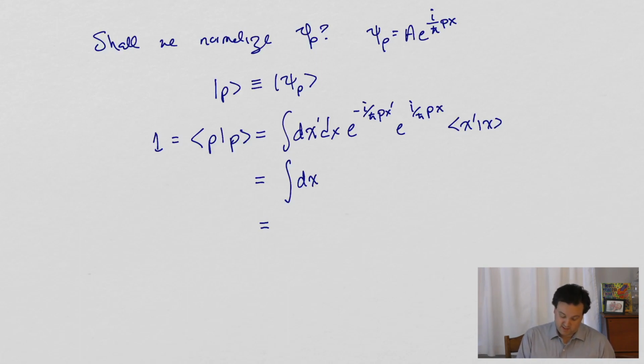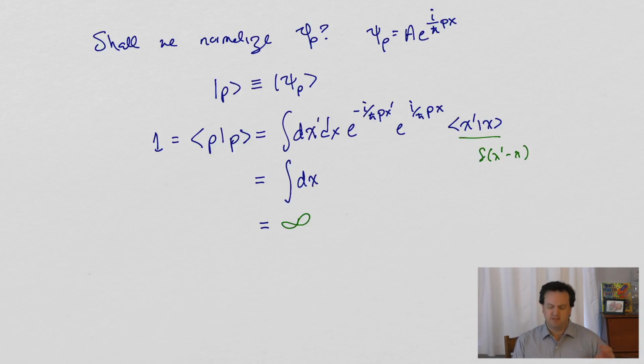I go through this and I find that there's a delta function of x prime minus x here. That allows me to do one of the integrals. It also sets x prime equal to x, and so e to the minus something times e to the something gives me just 1, and so this is infinity. That's no good.